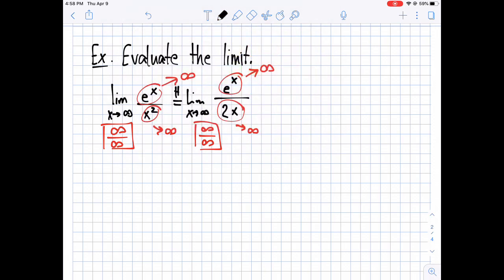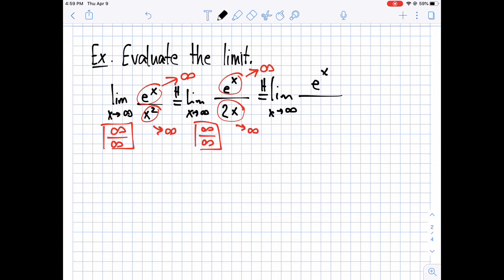So you might think to yourself, okay, this isn't working, except what can you do when you have infinity over infinity? Well, you can just use L'Hopital's rule again. And there's no limit to the number of times that you can use L'Hopital's rule, but as a general guide, if you've done it 3 times and it really doesn't seem to be working, you might be doing it the wrong way.